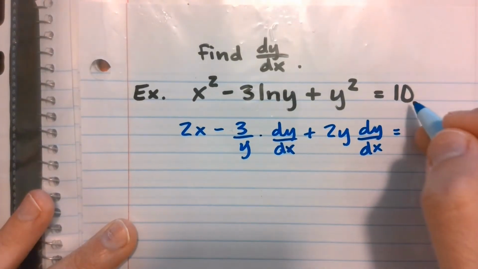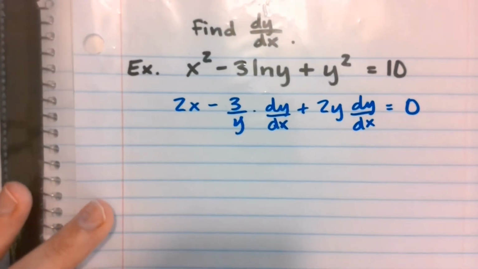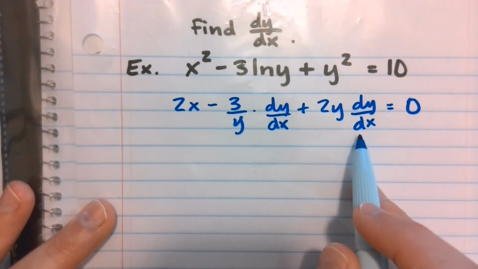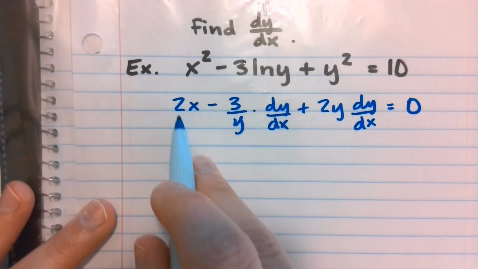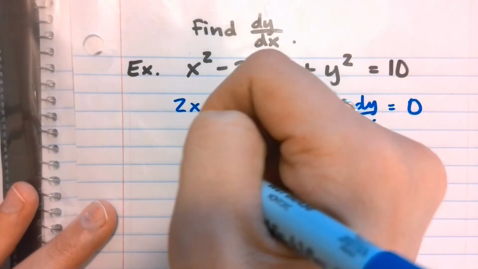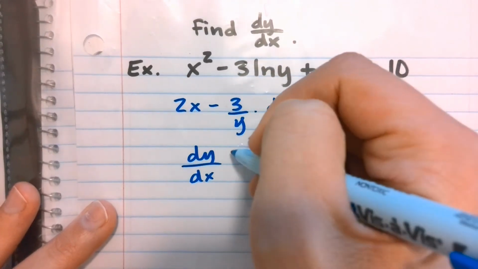Our derivative of a constant is always 0. So then from here, remember in implicit differentiation, I'm trying to get that dy dx by itself. So I'm going to go ahead and move my 2x to the other side. And while I'm doing that, I'm going to go ahead and factor out anything on this side that has a dy dx in it.